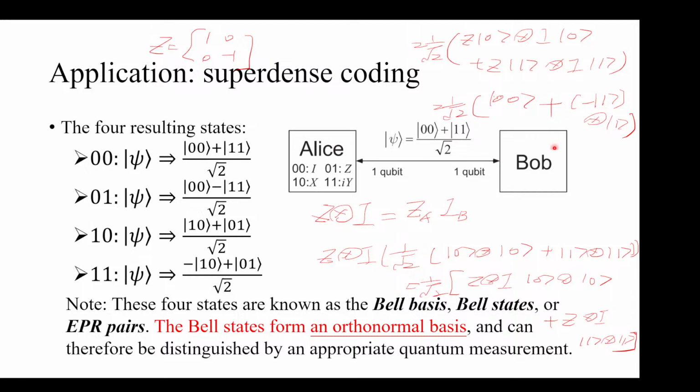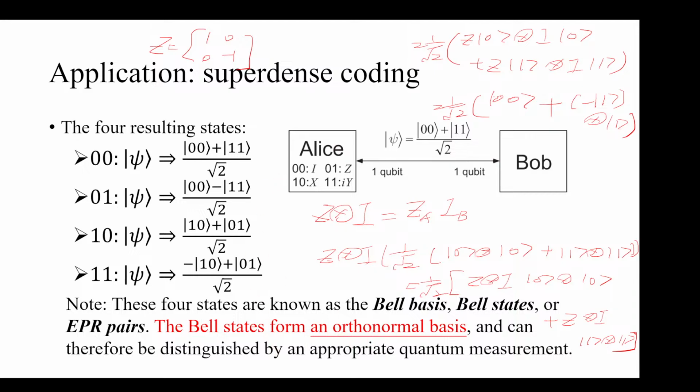Okay, and you can see from this name that an important part of those 4 states is that they form an orthogonal basis. Once again, this means that the 4 states are both normalized, this is the normal part, and they are orthogonal to each other. I think this is also a homework problem. You can check that they are orthogonal to each other.